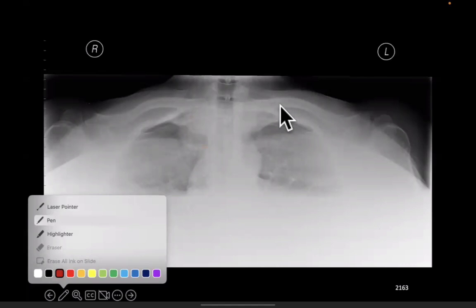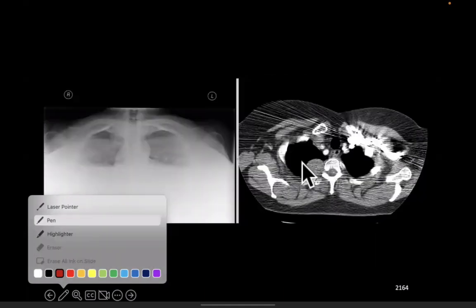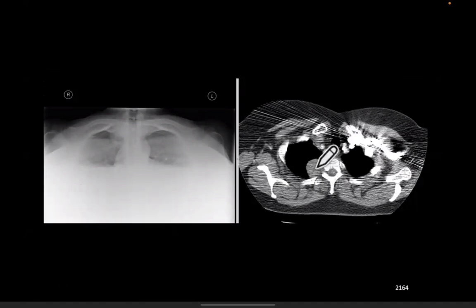But when we do the lordotic projection of the apical region, it's now projected below the clavicle, but it's well defined. And CT demonstrates that this is a posterior mediastinal mass lesion whose epicenter is in the same vicinity as the intervertebral foramen. So this is a neurogenic mass.